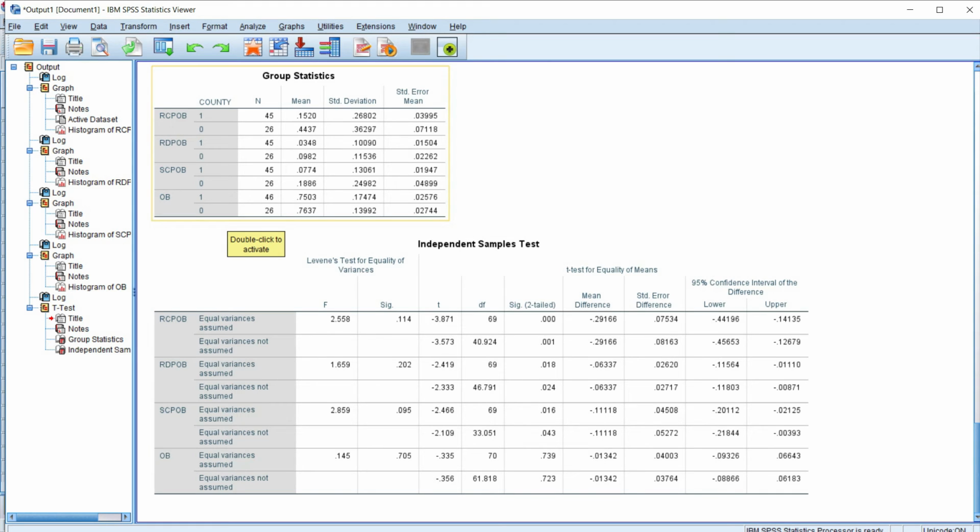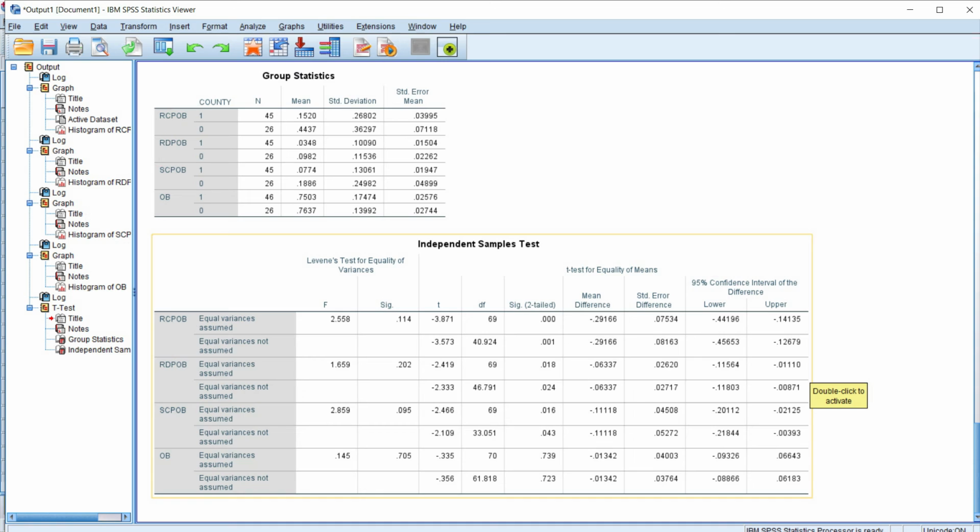So do the same thing here for resident deaths per occupied bed. Again, not significant, so we can assume equal variances. Significant, and these are negative, so that tells you that Philadelphia is larger than Pittsburgh. Significant t, p-value is 0.018, and again, the confidence interval doesn't cross 0.